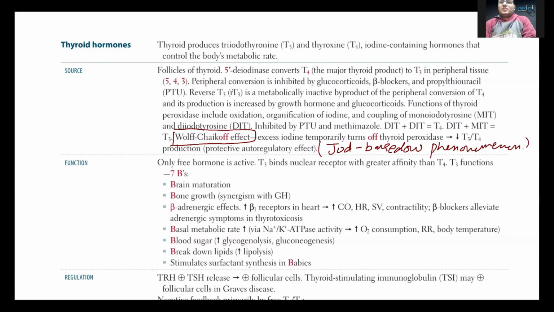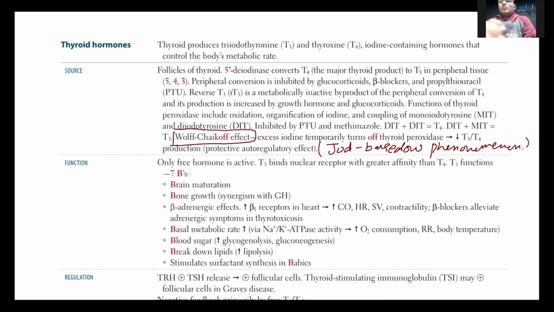This is the Wolff-Chaikoff effect. But the Jod-Basedow phenomenon says that when there is already a deficiency of iodine, when you give the iodine, there is more production of T3 and T4. We will study in hyperthyroidism what the Jod-Basedow phenomenon is and what different conditions cause this.